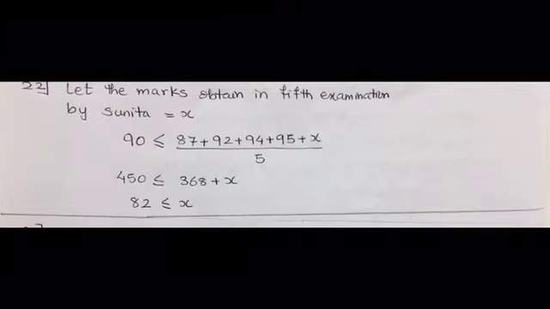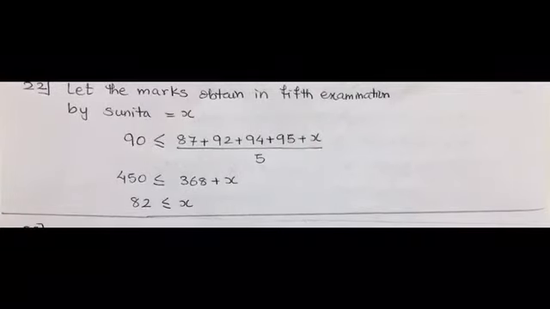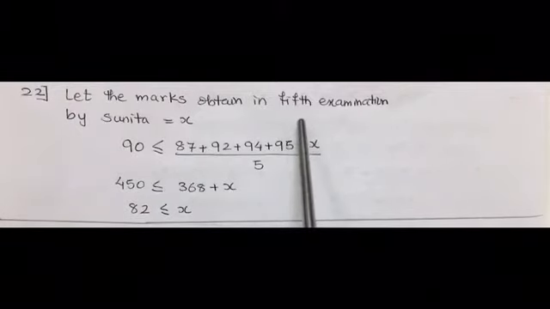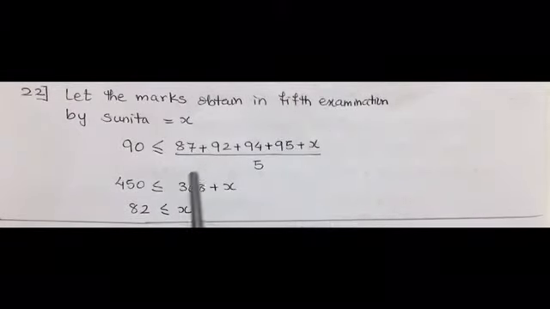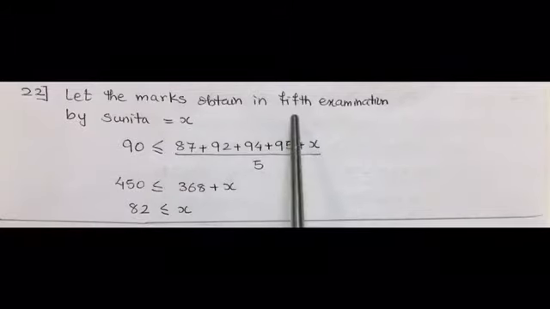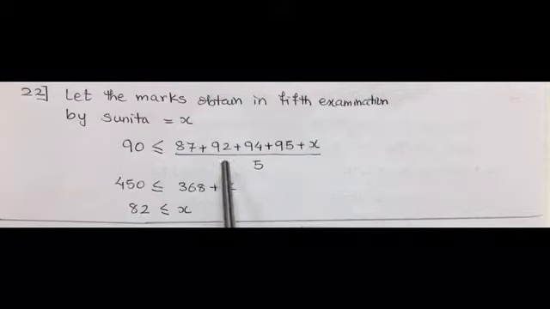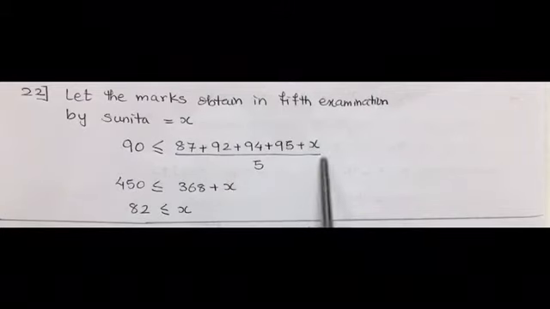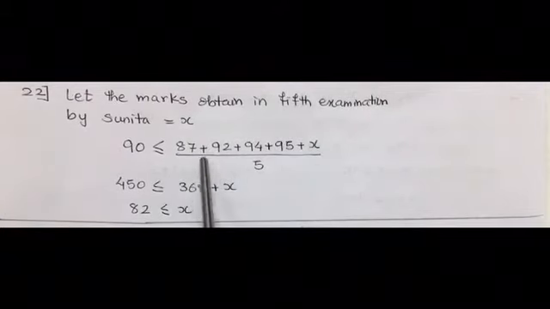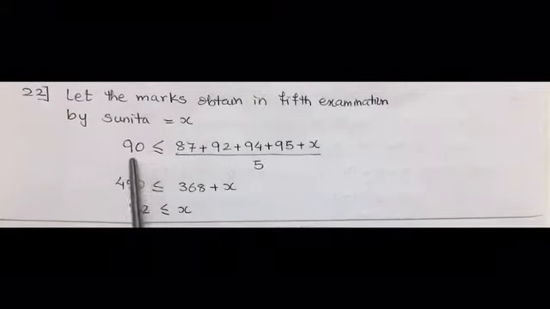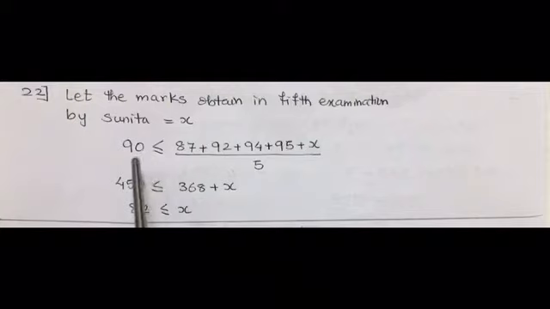Now 4 examination marks are given. We need to find the marks for 5th examination. Suppose the 5th examination marks is assumed as x, then the average marks of all the 5 exams should be 90 or more.